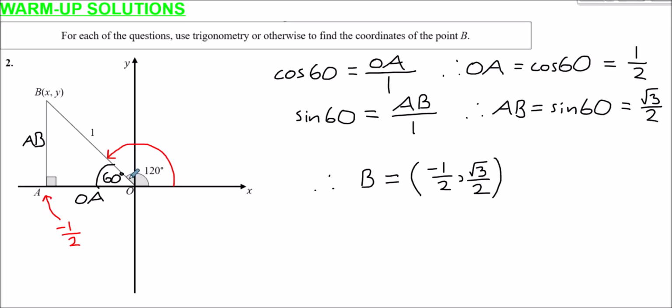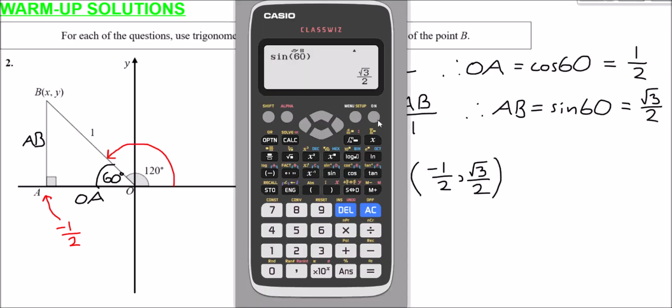So let's just see now, though, what the cosine of 120 would be. So cos 120 gives us -1/2. So like question 1, the cosine of the angle measured from the positive x-axis anti-clockwise until we get to the line OB actually gives us the x-coordinate of the point.